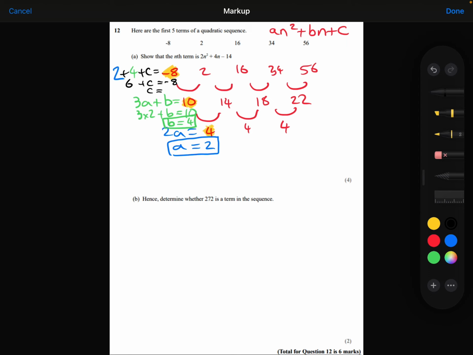Subtract the 6 from both sides. So minus 8 take away 6 is minus 14. So my nth term is an squared plus bn plus c, which is minus 14. And that's what we needed to show.